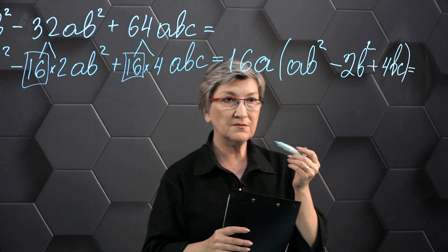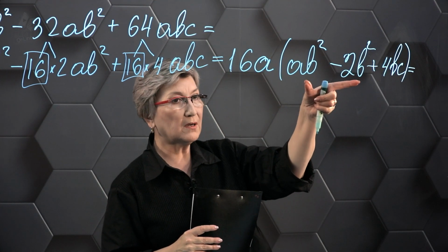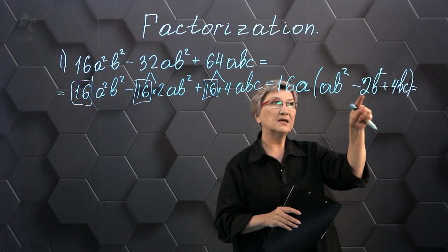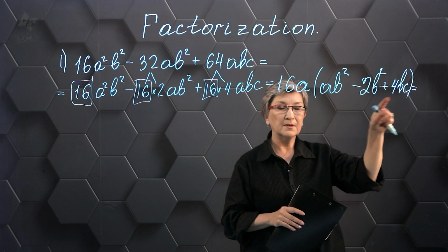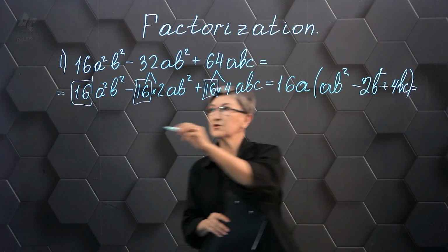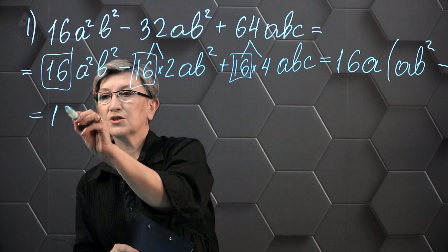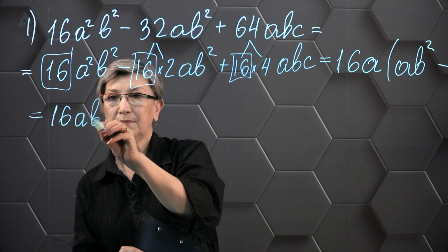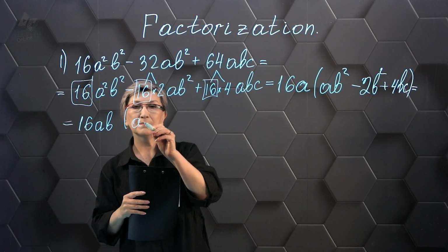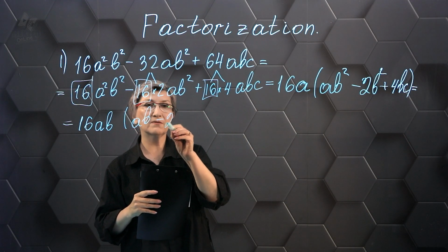Yet, notice that we can also see a common factor in the parentheses, b squared and b. Let's take out b to the first degree. Then we end up with 16ab and in the parentheses we have ab minus 2b plus 4.